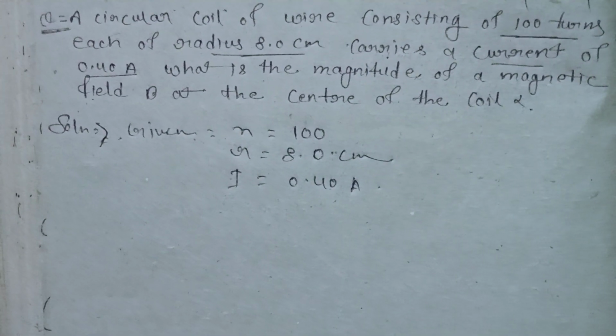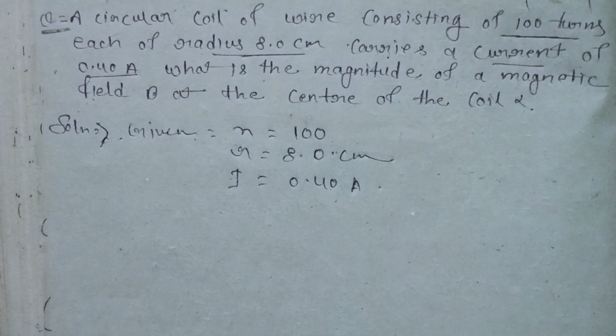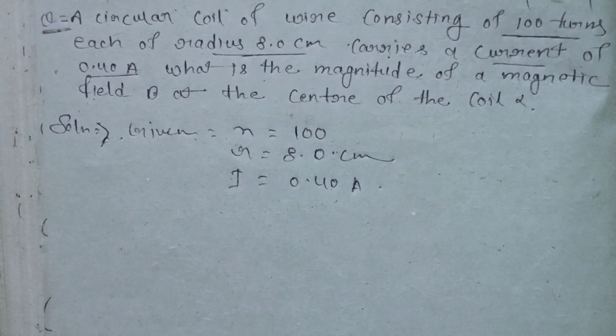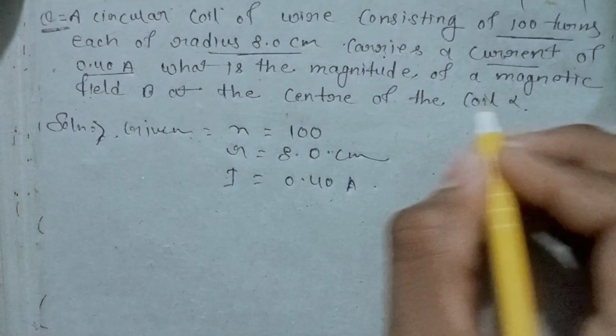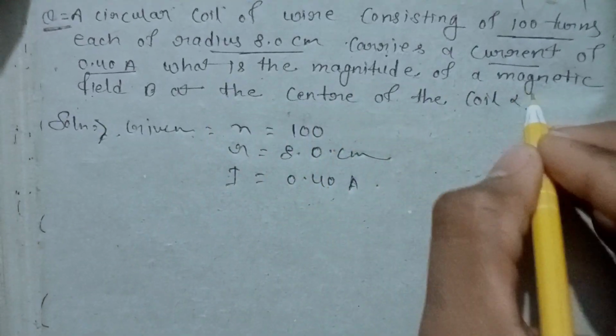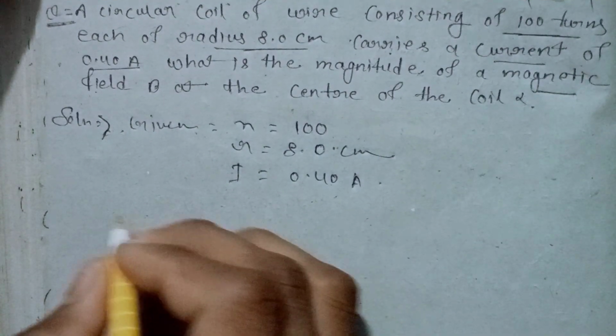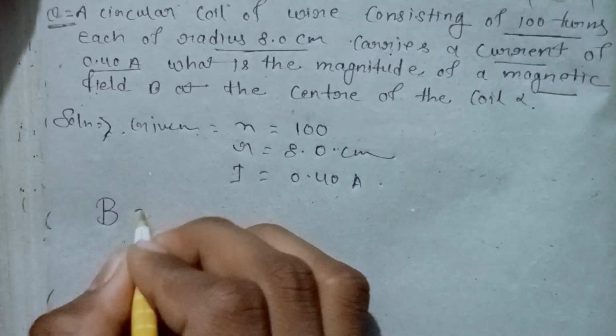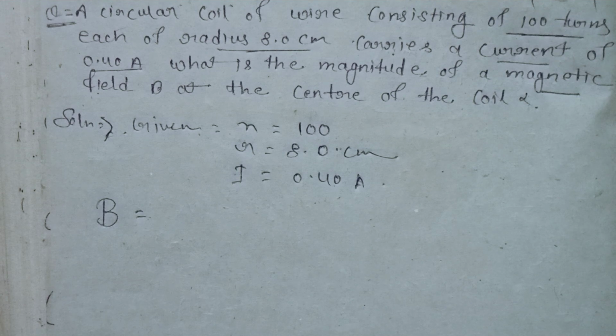Now we focus on what the question actually asks us to calculate. So the next step is to focus on what the question actually asks from us. Here the question asks what is the magnitude of the field. So we are going to find the magnitude.